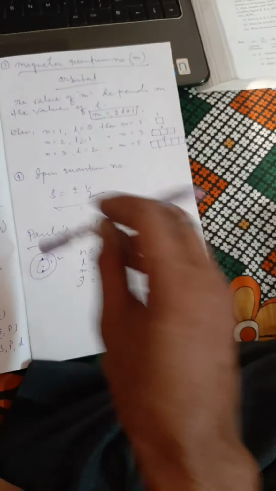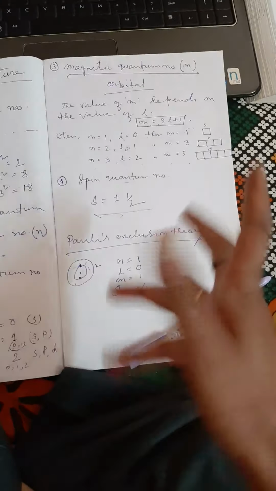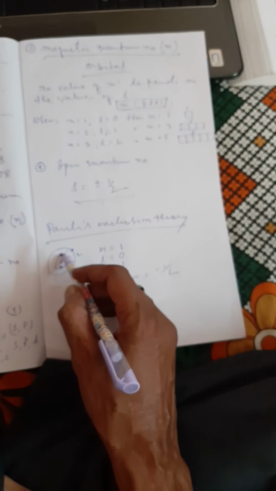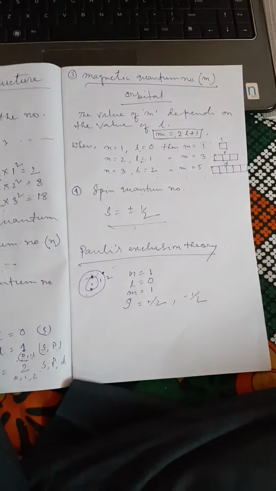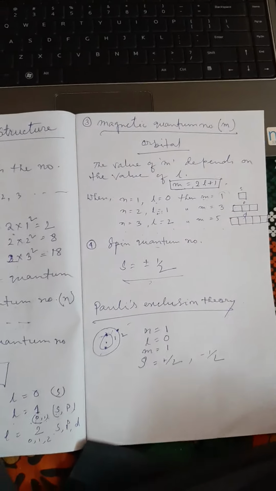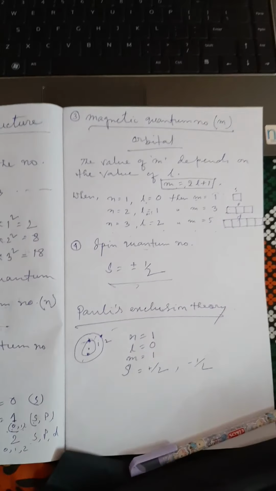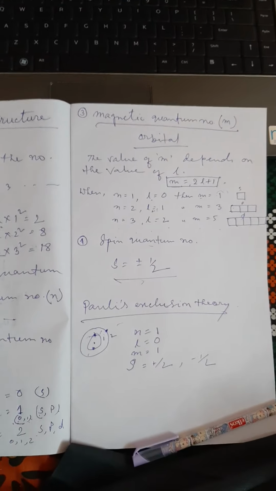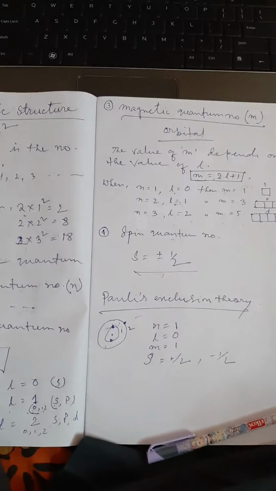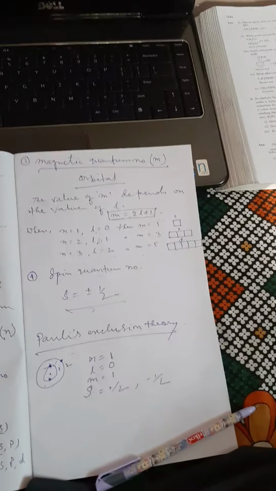See that? All four quantum numbers are never equal. Now think about this: here is one electron with n equal to 1, and another with n equal to 2. The first one is different. That is why you can say all four quantum numbers can never be equal for two electrons in an atom. Okay, it is known as Pauli's exclusion theory.